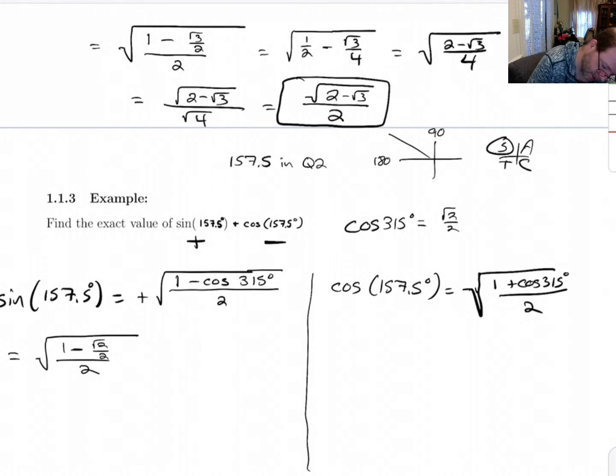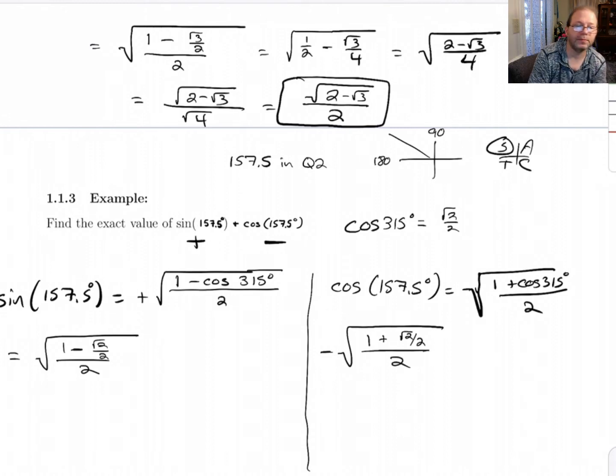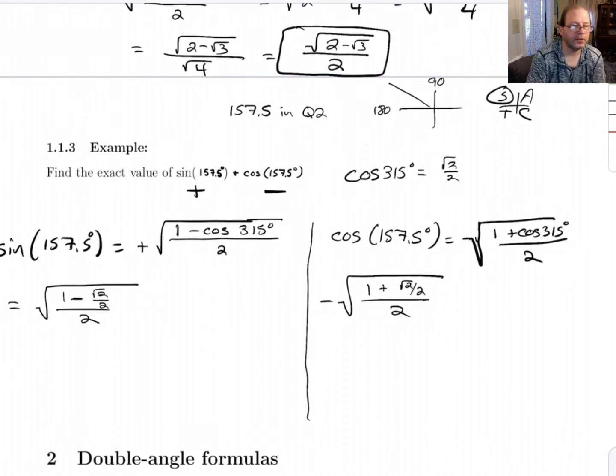And for the cosine, we get negative the square root of 1 plus root 2 over 2, over 2. Let me write this a little more legibly. So let's see the sine.